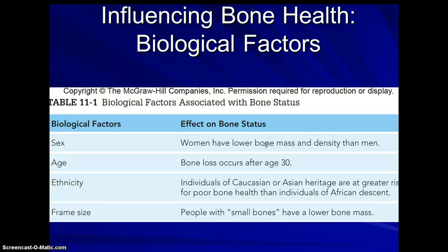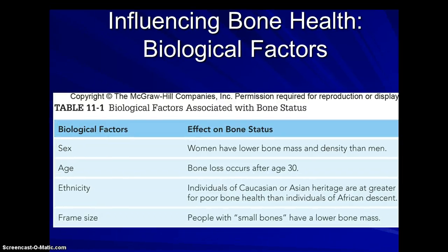So the heavier you are, the higher amount of bone density you have. Age, again, after 30 years of age, you start to lose bone mass. Individuals of Caucasian and Asian heritage have typically poorer bone health because of their size. And then frame size. People with small bones tend to have a lower bone mass.